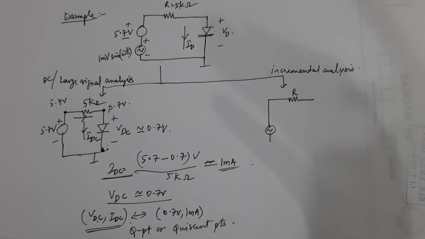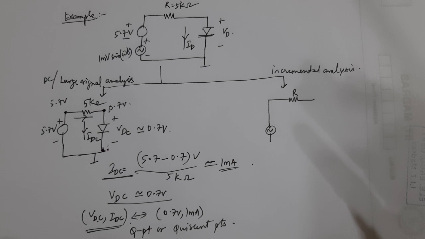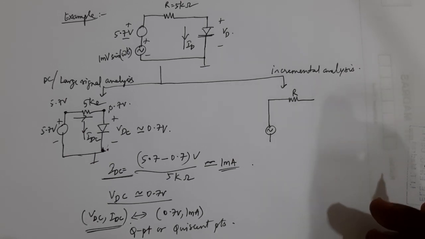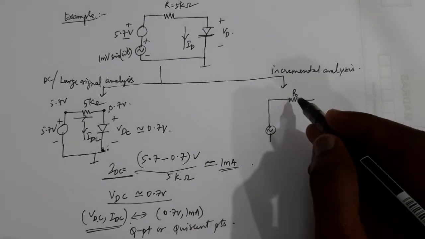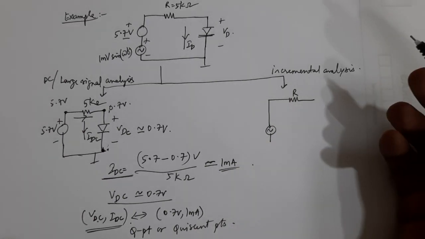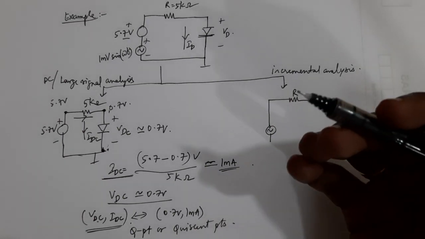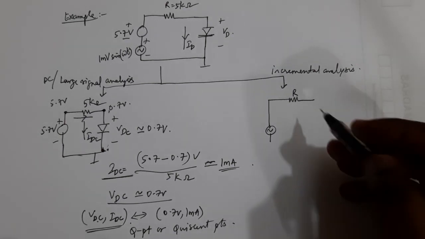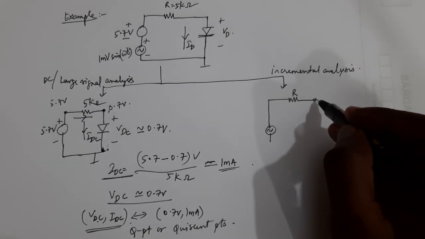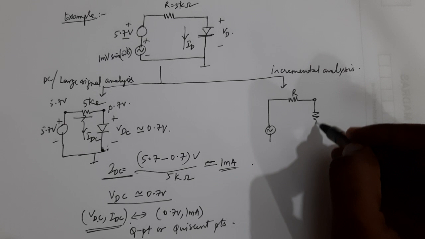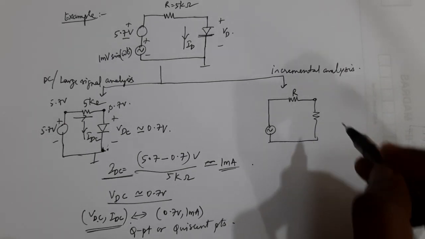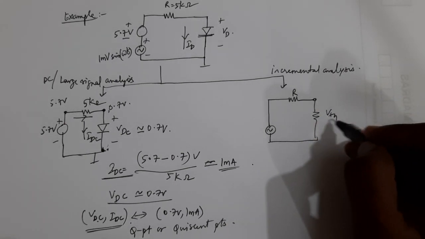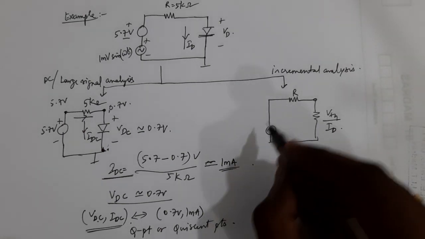You take the derivative of V equal to I into R, dV by dI, it is going to be R itself, right? Because it is a linear element, and incrementally the linear element will still remain a linear element, okay. And the diode, we know it is going to be a resistor again, and the value of the resistor is VTH by ID, okay.